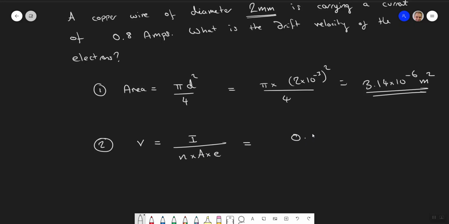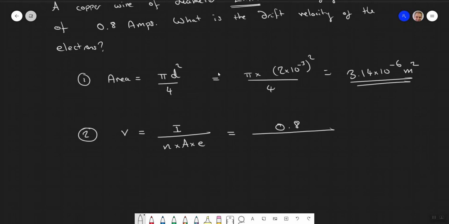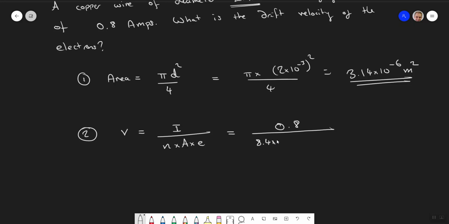So that becomes 0.8 divided by n. Good news, we worked that out earlier. That was 8.4 times 10 to the 28, times the area, so 3.14 times 10 to the minus 6, times the charge of an electron, 1.6 times 10 to the minus 19. Big number, so let's work it out.